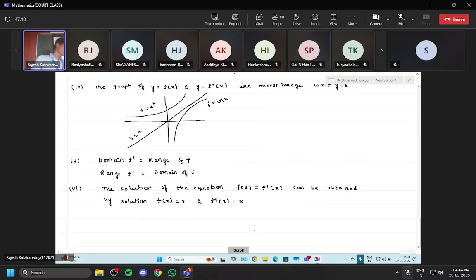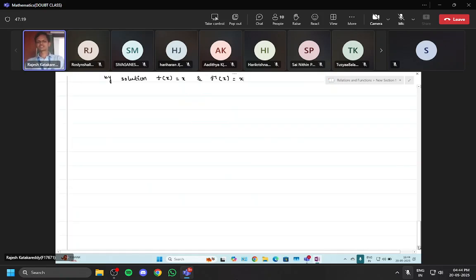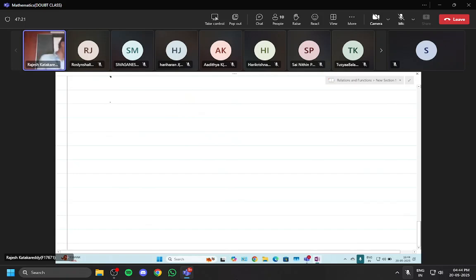Go to page number 58, problem number 6. There they have given a non-uniform function. In this non-uniform function, they are asking to calculate the inverse of that, and after taking the inverse, there is some value they are asking.